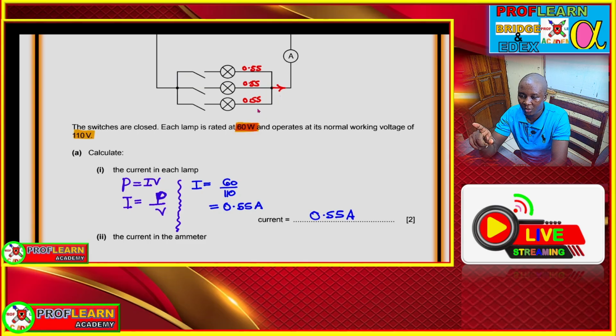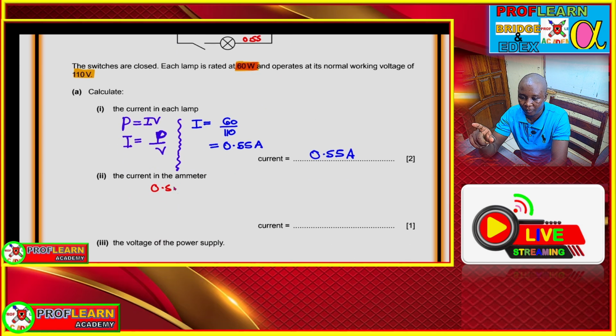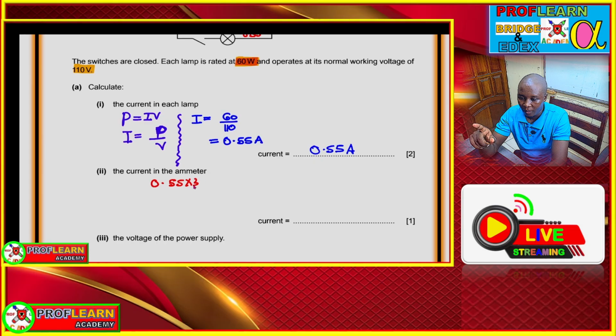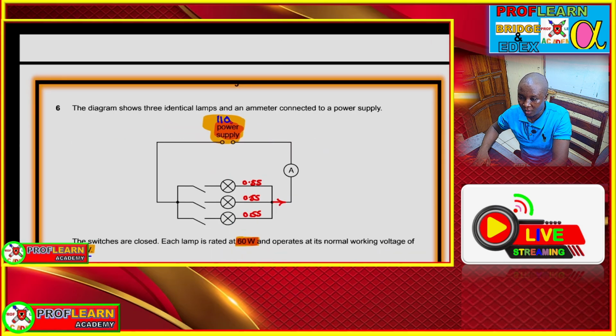They join together so that a current of 1.65 flows. We have to ensure that is actually changed.